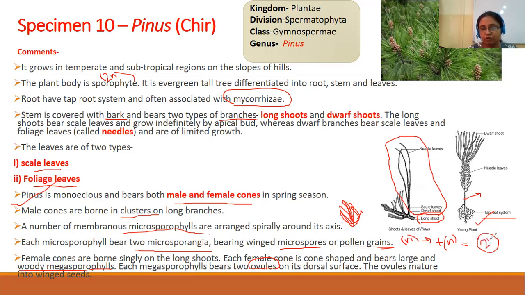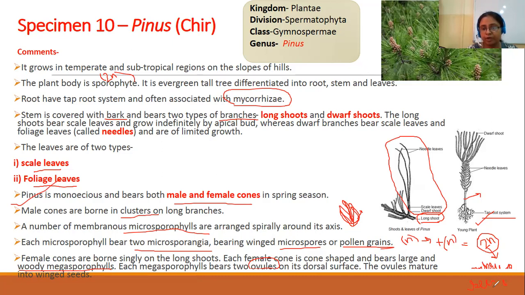A diploid zygote will be formed. This diploid zygote will develop into an embryo, or I can say seed. It will develop into the seed.